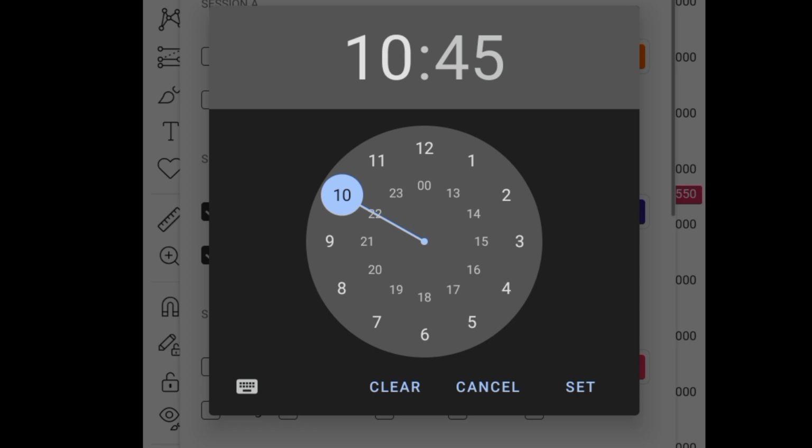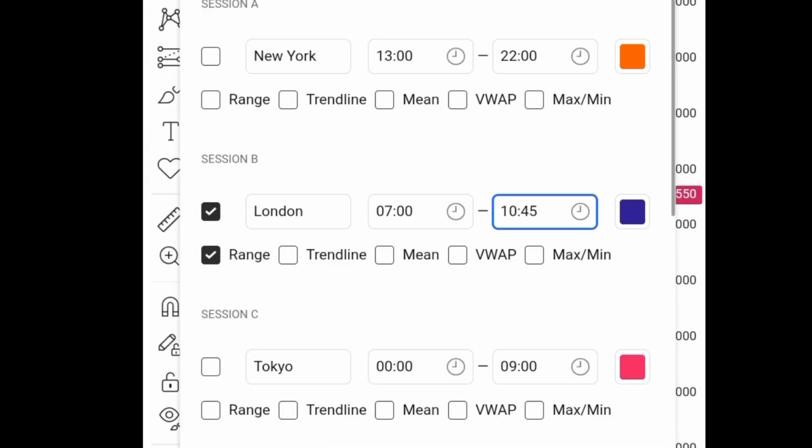This 10:45 is the kill zone, meaning between this time and 10:45 I'm going to look for my entry. But once it elapses, once it is above 11 o'clock, I'm done. I'm not going to take any setup if I'm not seeing any setup on this market. So this is how you set up your London indicator using Lux Algo.